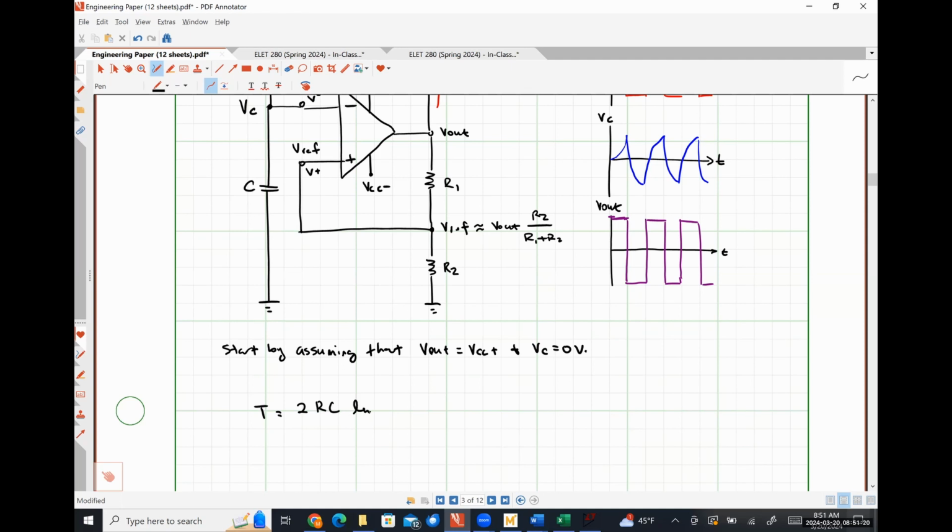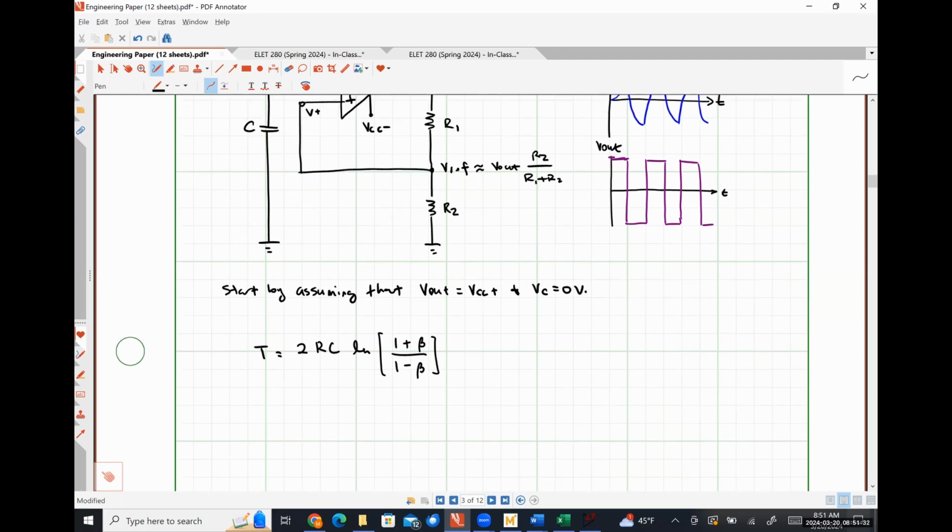Times the natural log of 1 plus beta divided by 1 minus beta, where beta is just that voltage divider ratio of R2 over R1 plus R2.